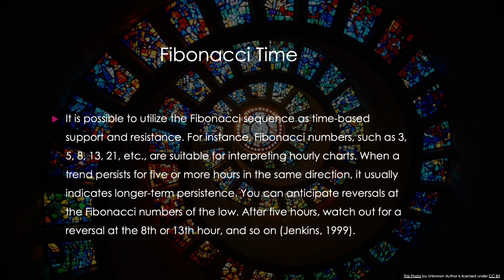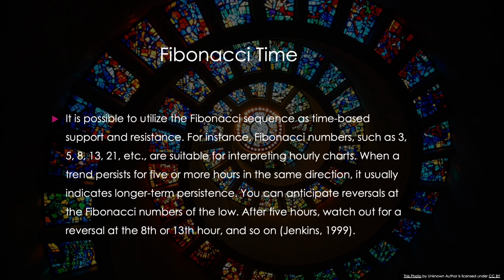I liked one specific technique from Michael Jenkins, who said it is possible to utilize the Fibonacci sequence as time-based support and resistance. For instance, Fibonacci numbers such as 3, 5, 8, 13, 21, etc. are suitable for interpreting hourly charts.